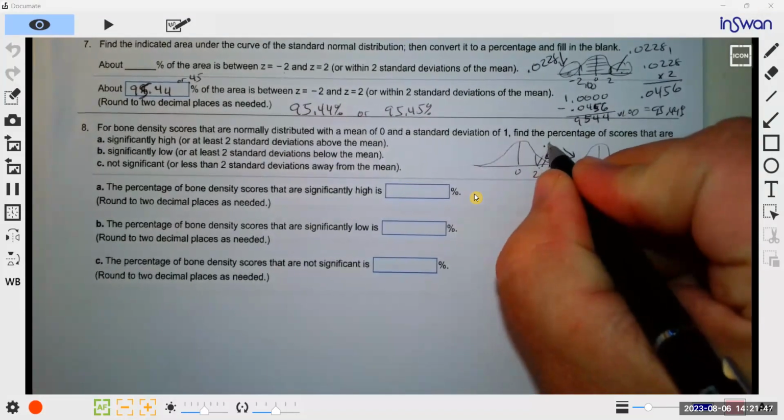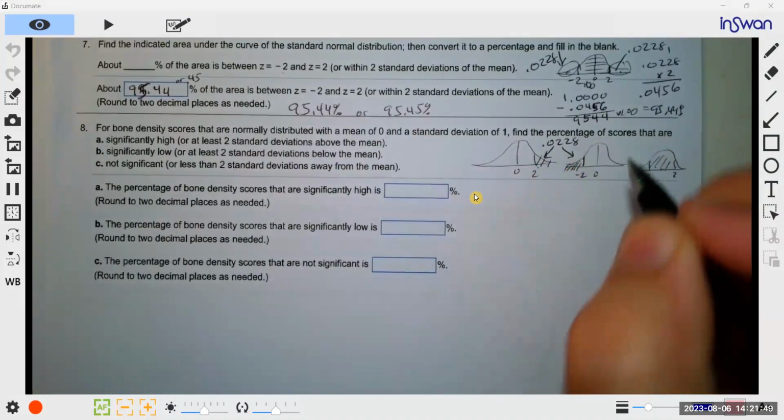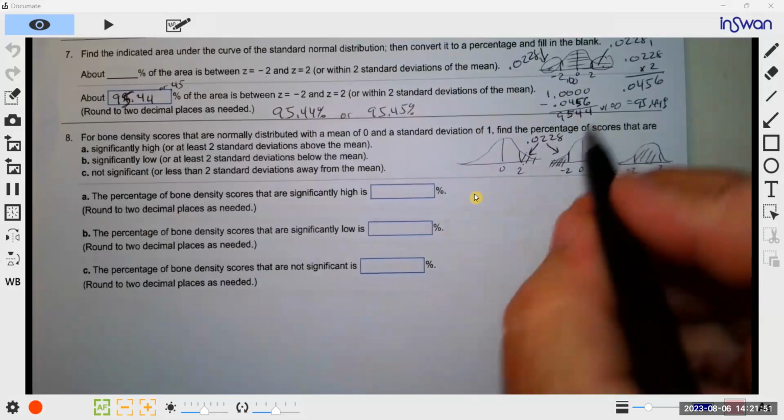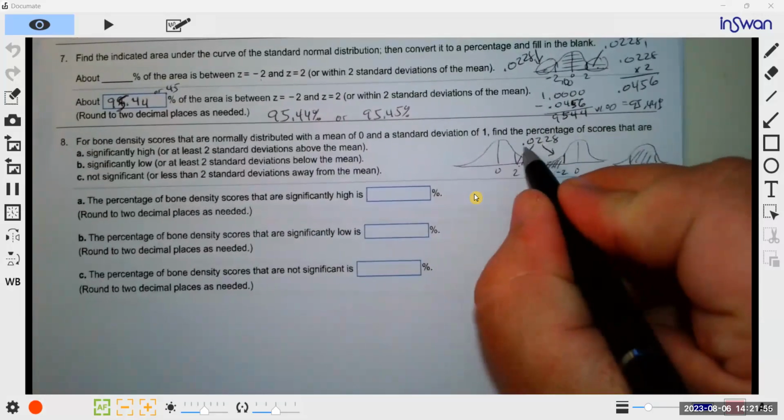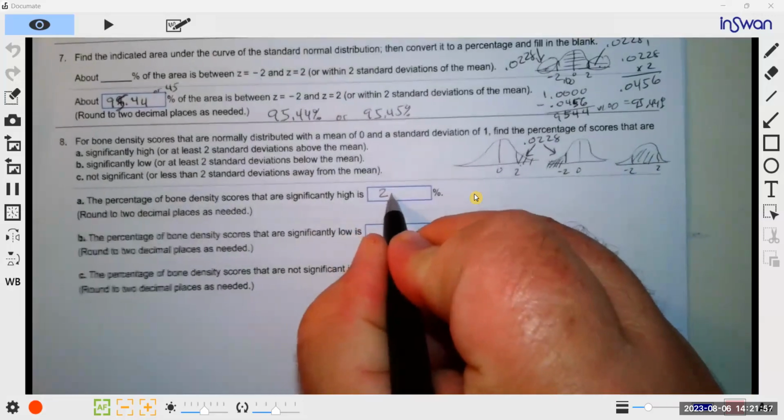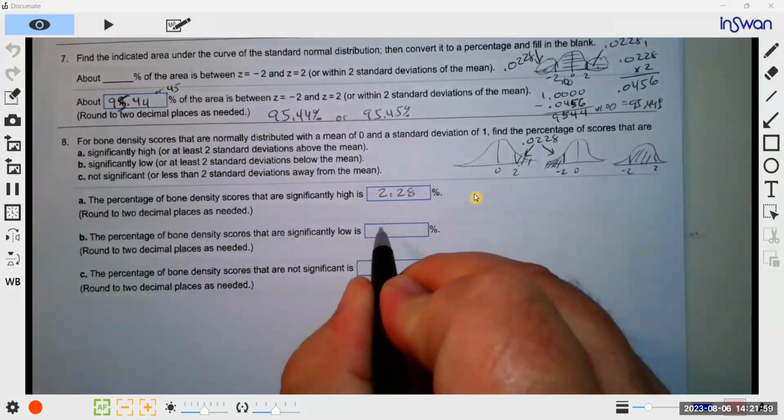So times that by 100, move the decimal 2 places, so it's 2.28%.